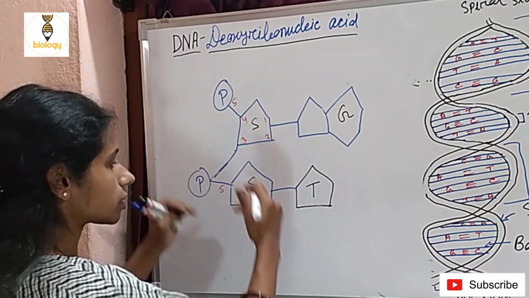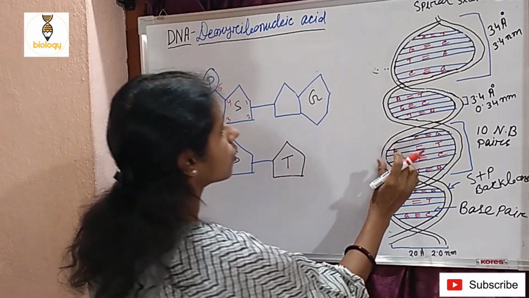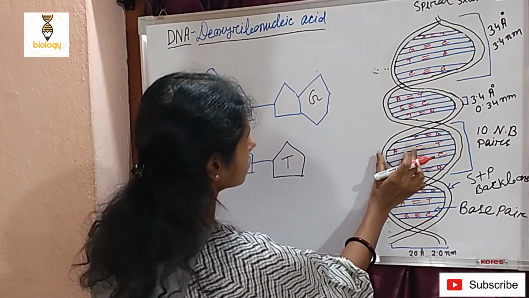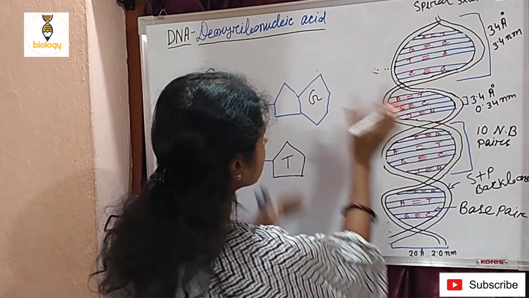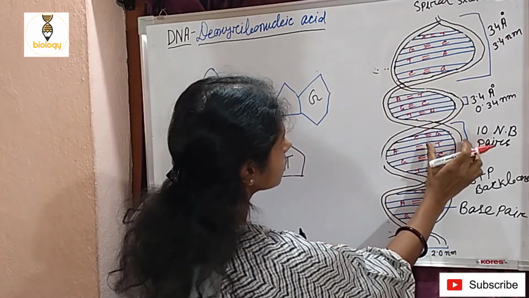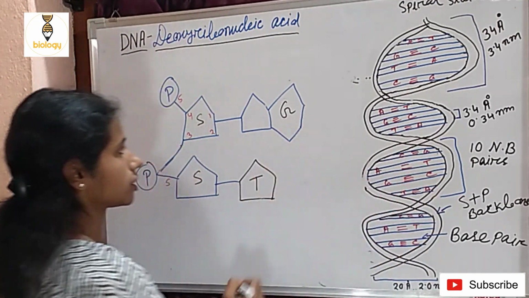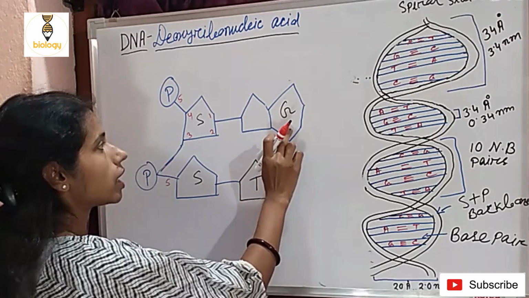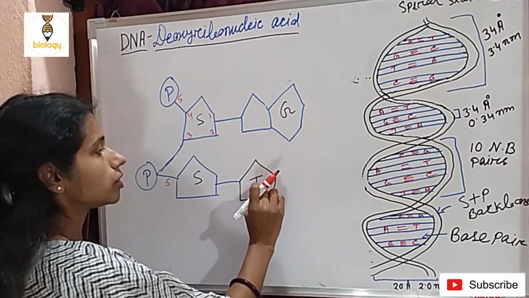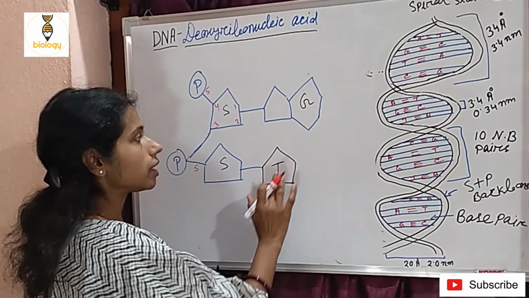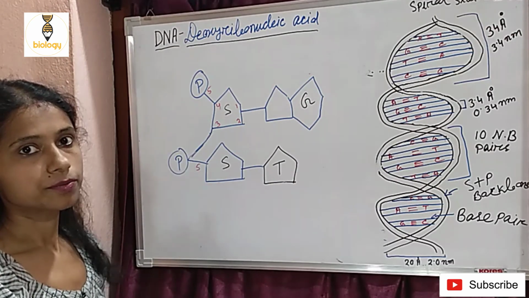Nucleotides after nucleotides after nucleotides, and this is only one part of the chain. Same way in that part the bond will again join and make the total chain. Okay, so this part is only half part you can take. So guanine and adenine will make the bond with thymine and cytosine.